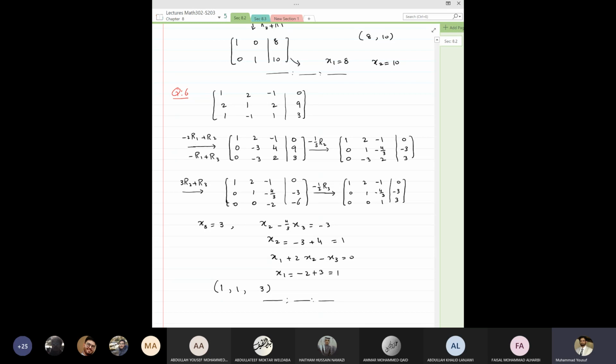Okay, now I did one example where we have 3 variables, 2 equations, and we get infinitely many solutions by choosing one of the variables as a free variable.